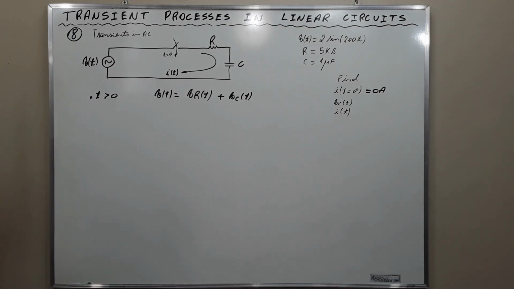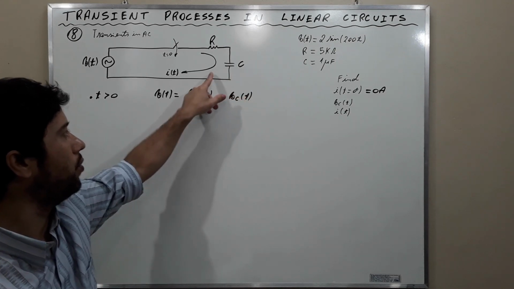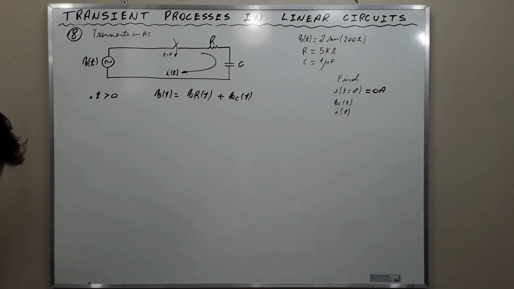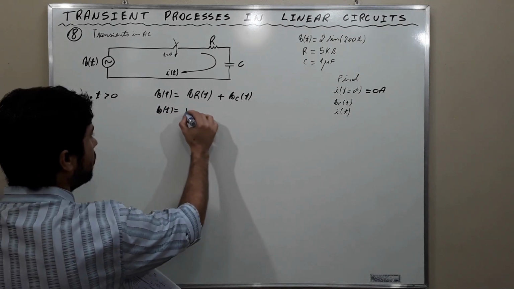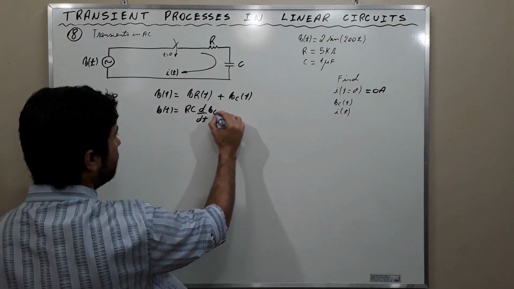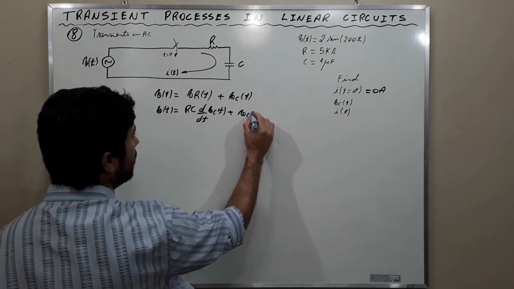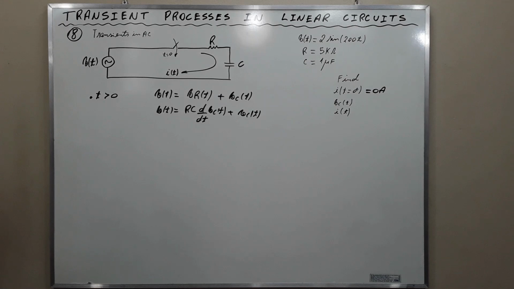And as there is a capacitor in the circuit, its characteristics will determine current behavior. Then we are going to describe the current based on the characteristics of the capacitor. V of t is going to be equal to RC times the derivative with respect to time of Vc of t plus Vc of t. This is the differential equation that we are going to work on.